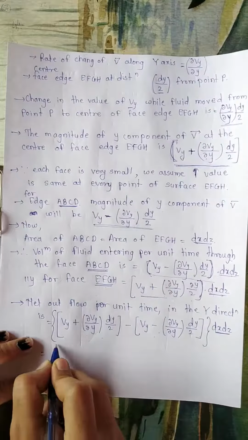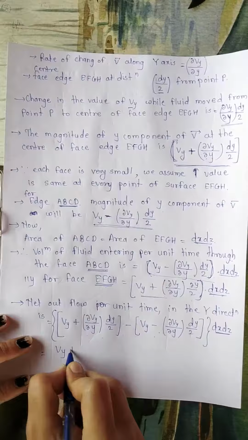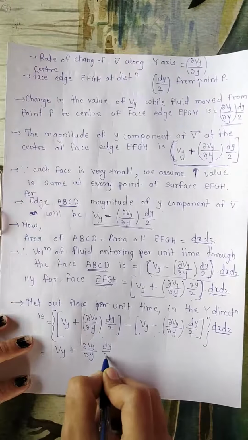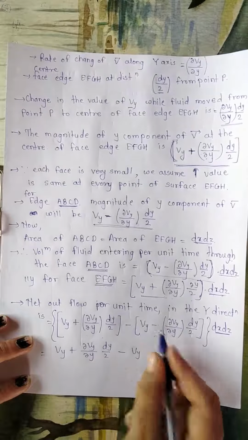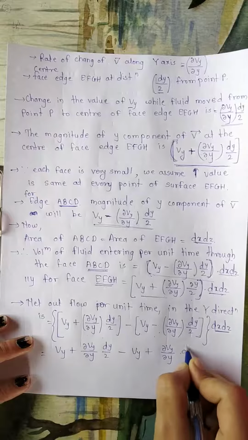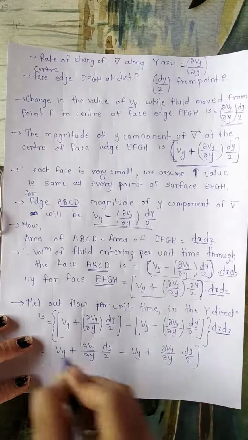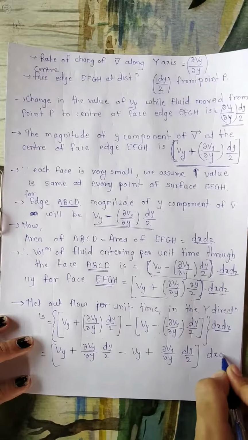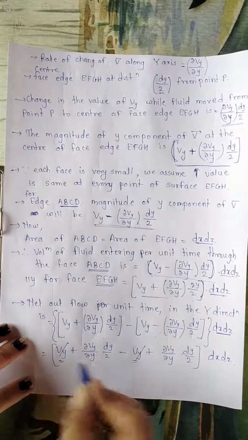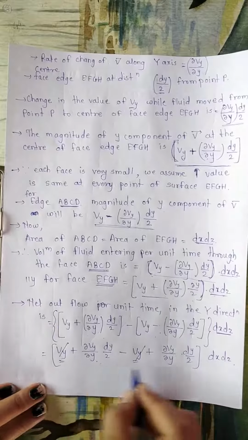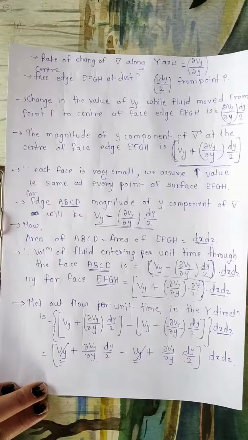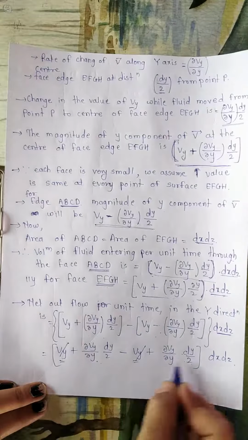So if you calculate this subtraction, you will get Vy plus dou Vy upon dou y into dy by 2 minus Vy minus dou Vy by dou y into dy by 2, and this is multiplied by dx dz. If you observe these two terms, Vy will get cancelled, and addition of these two terms will be dy by 2 plus dy by 2, that is nothing but dy, that is half plus half 1.